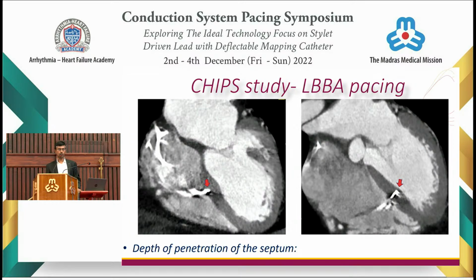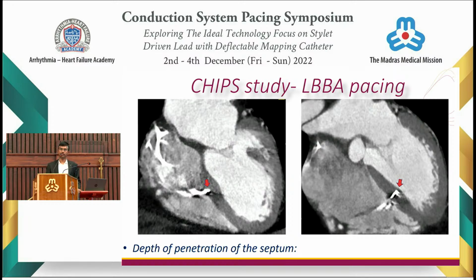But then, of the various parameters that could define success in left bundle branch area pacing, one important parameter could be the depth of penetration into the septum. The septum could be thin or it could be multiple millimeters thick, but the percentage of penetration in the septum could be an important parameter.